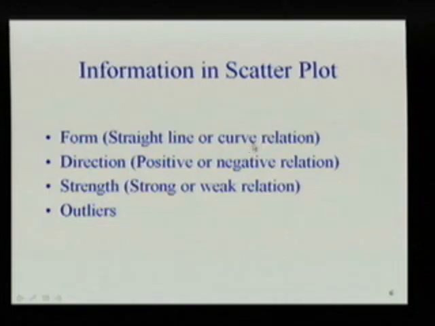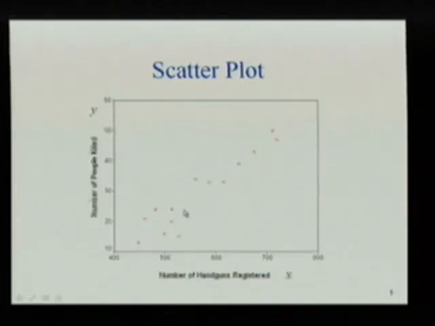So a quick review of why we're doing this and what we are looking at when we have a scatter plot. We look at the form of this correlation. Is it a straight line relation or a non-straight line relation, or is there not even any pattern? We also look at the direction. Is it positive or negative? We also like to look at the strength. If the strength of the correlation is high, then you will see all these dots cluster closer together, and the relation is more like a straight line.